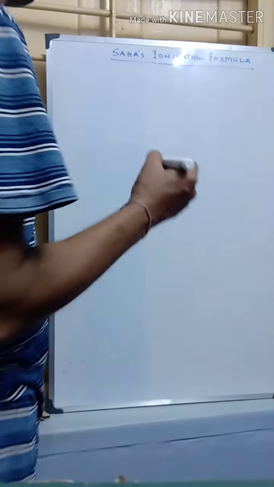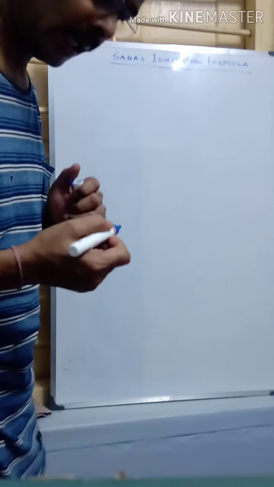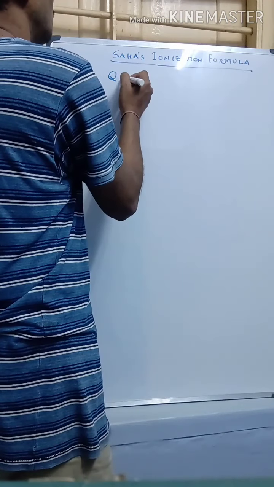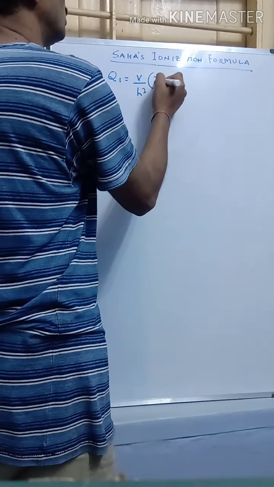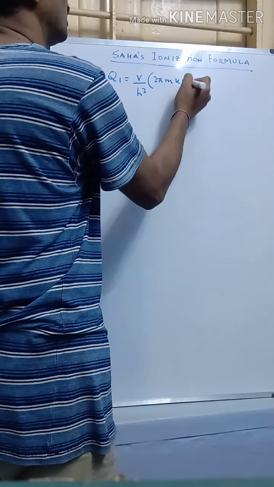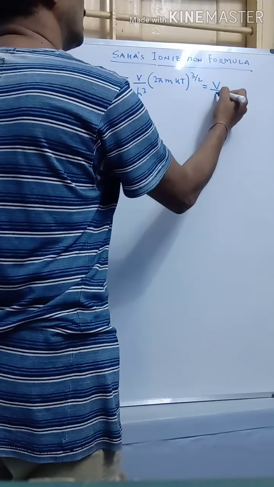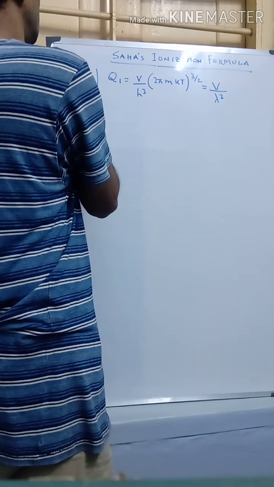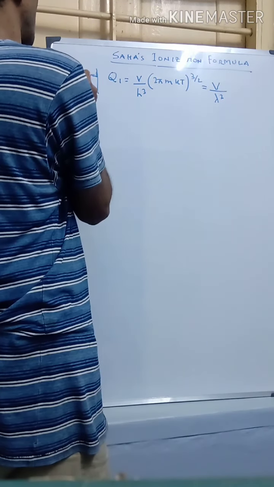So we can assume a classical system of particles, a classical ideal gas, and we can say that the canonical partition function is given by V by h cubed, times (2πmkT) to the power 3 by 2, which can be written as V by lambda cubed, where lambda is the thermal de Broglie wavelength.